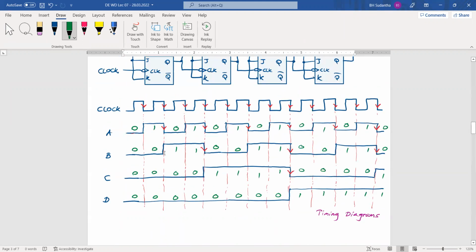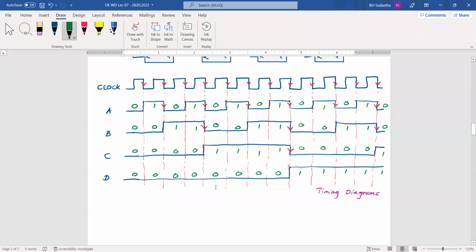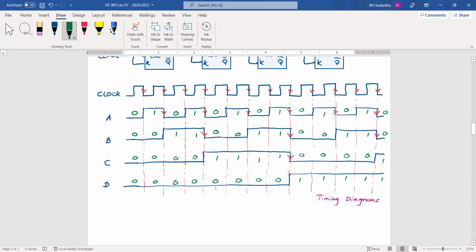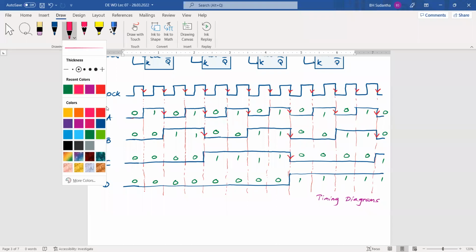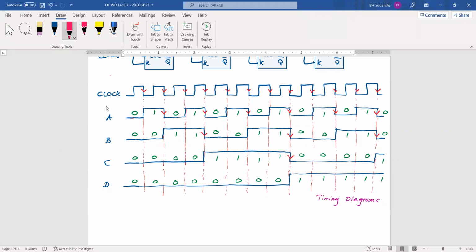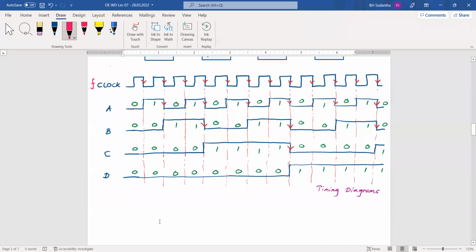But actually, when you come to these timing diagrams, if I say the frequency of this clock input is F, what is the relationship between this F and A? What is the frequency of A?